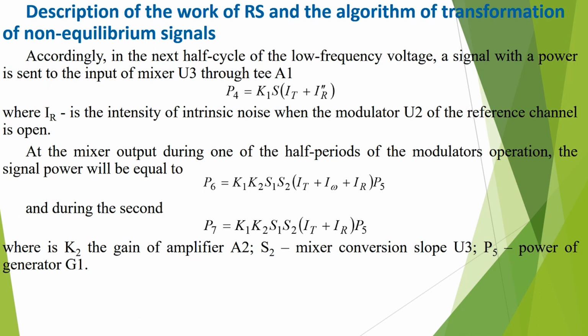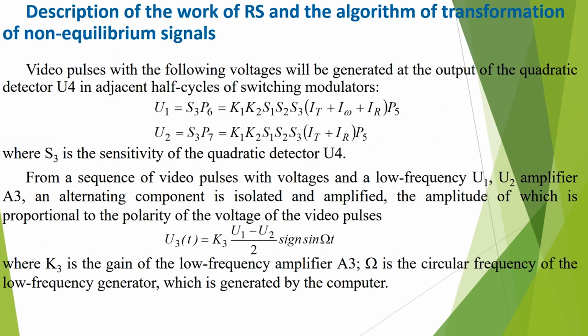At the mixer output during the half periods of the modulators' operation, the signal power will be equal to this formula. Video pulses with the following voltages will be generated at the output of the quadratic detector U4 in adjacent half cycles of the switching modulators.